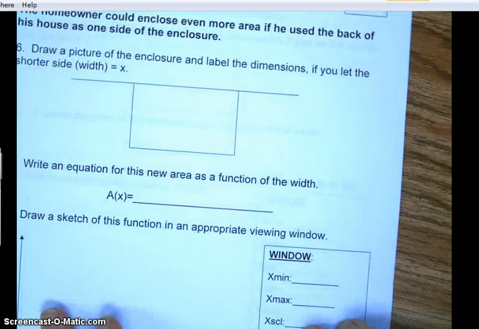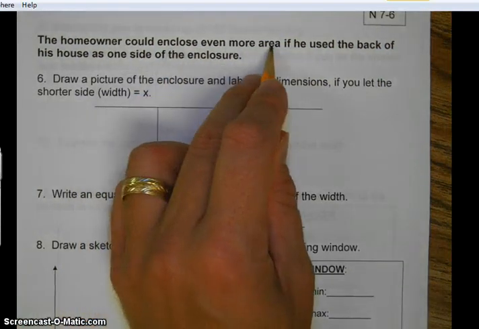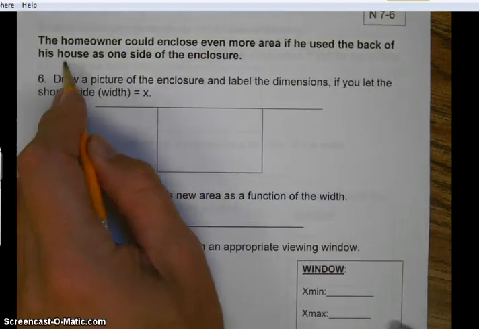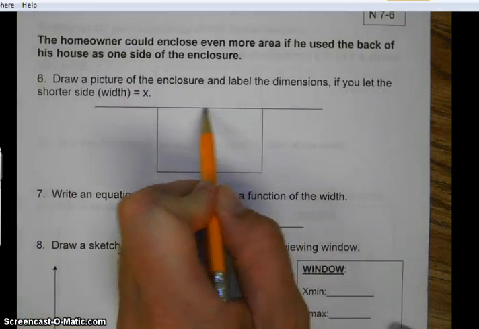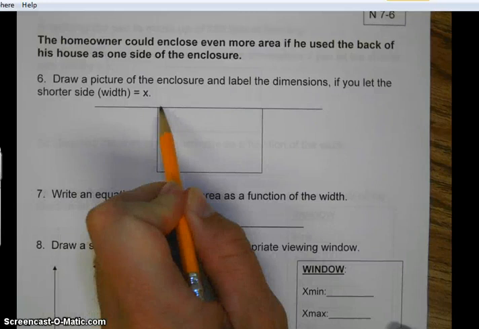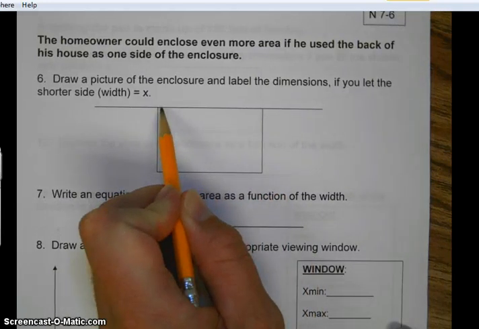Let's see what we got next. All right, the homeowner could enclose even more area if he used the back of his house as one side of the enclosure. So here's the back of his house. So he's not going to need fencing for this portion right here.